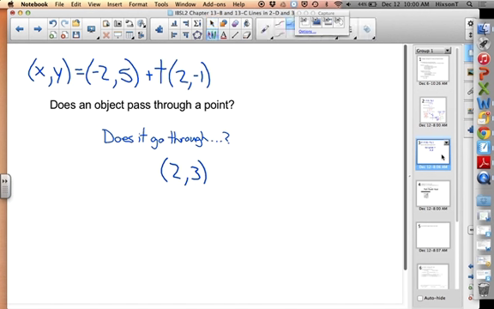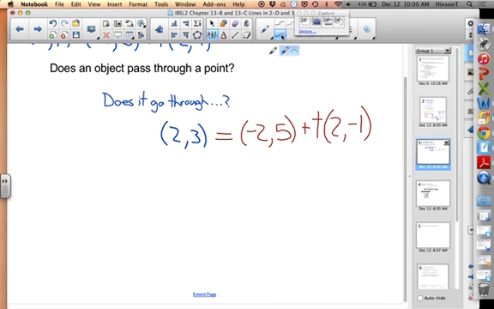If we plug in 2, 3, we can make two different parametric equations, because you can't solve this equation as is. However, you could solve the parametric equations. x equals 2, so 2 equals -2 plus 2t, and 3 would equal 5 minus t.